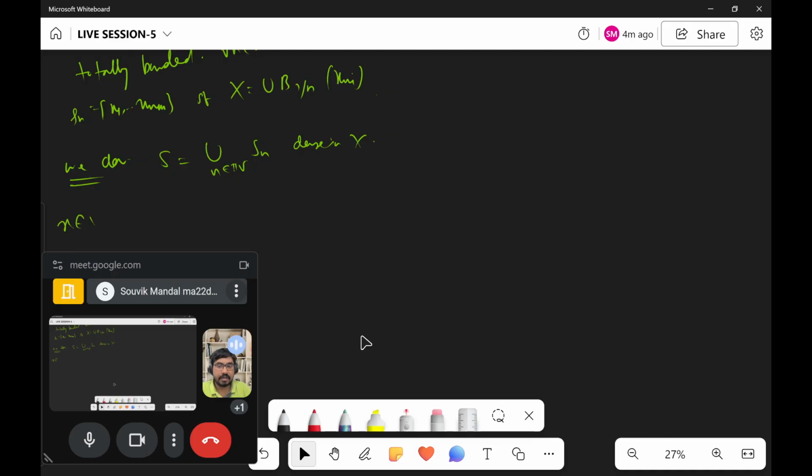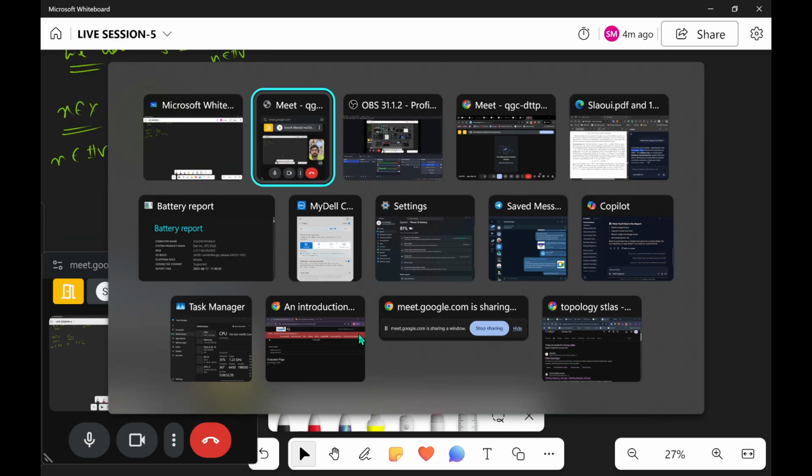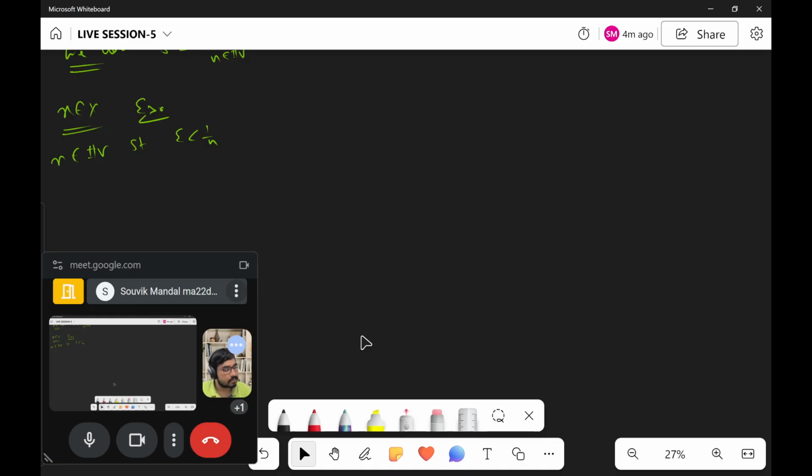We choose x belonging to X and epsilon greater than 0. Choose n belonging to N so that epsilon is greater than 1/n. Then for some x_i, we can say that x belongs to B(x_i, 1/n), that is, d(x, x_i) is less than epsilon.